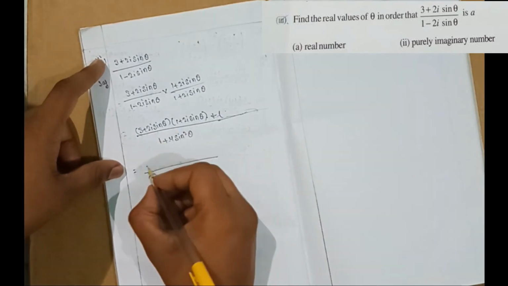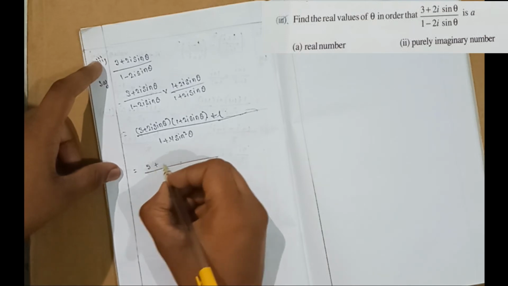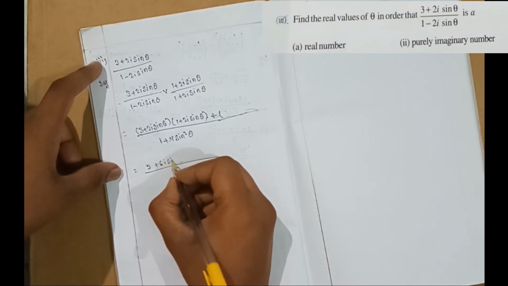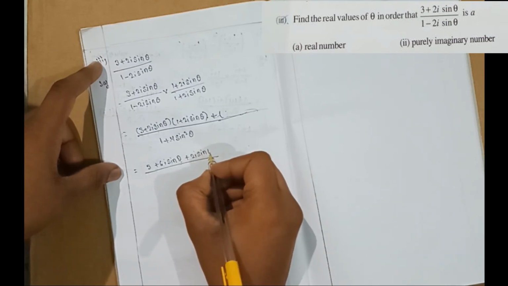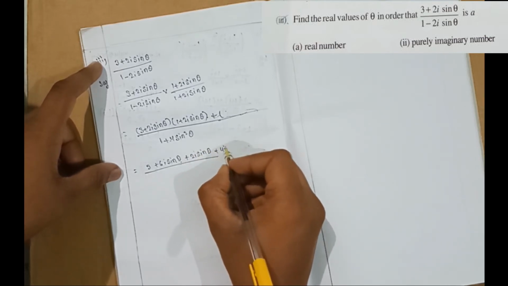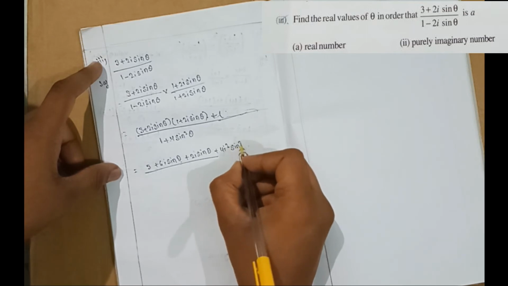If we multiply this, we will get 3 plus 6i sin theta plus 2i sin theta plus 4i square sin square theta.